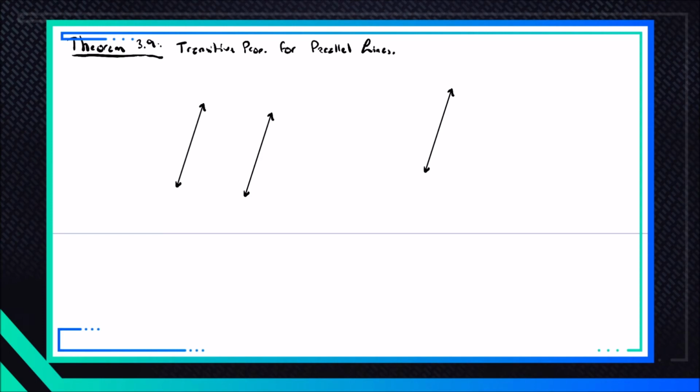And what this is going to say is if this is line P, Q, and then R way over there, let's say that P is parallel to Q. And Q is parallel to R. Well, if P is parallel to Q and Q is parallel to R, then you can conclude that P must be parallel to R. It's just a transitive property.